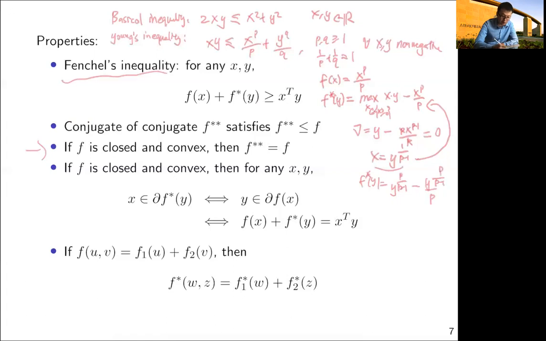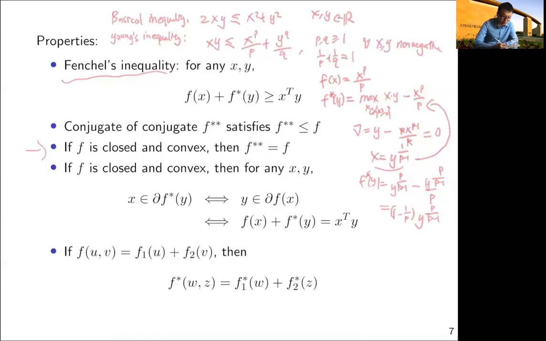And these two can be combined into 1 minus 1 over p, times y to the power of p over p minus 1.